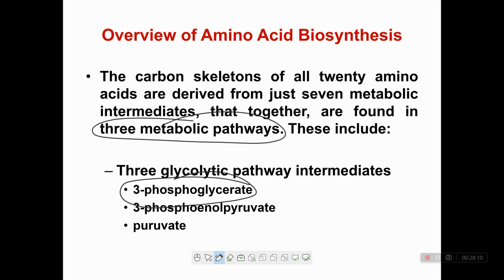Remember this: 3-phosphoglycerate, phosphoenolpyruvate and pyruvate. These are the intermediates of the glycolysis pathway. These are the first metabolic pathway.